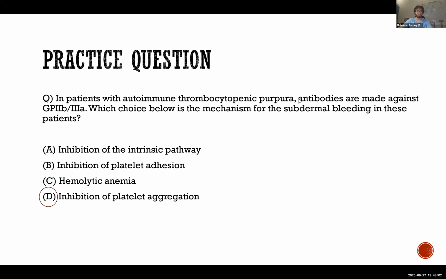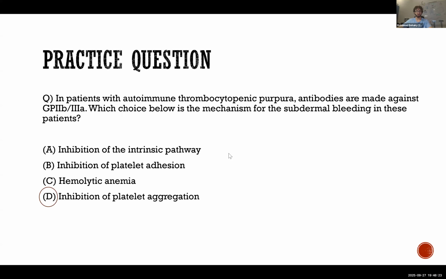The question is asking, antibodies are made against glycoprotein 2b3a, which of the following is the mechanism of bleeding? We have a problem in 2b3a, and this problem is causing excessive bleeding. Here it's asking which mechanism is responsible for this extra bleeding.